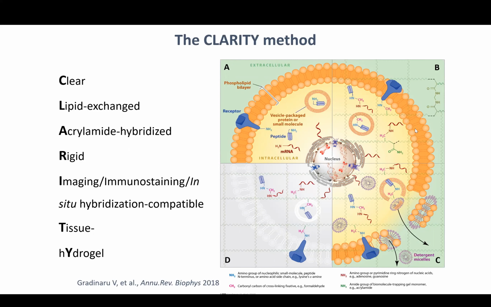In C, we see delipidation with SDS. SDS inserts itself into the lipid bilayer, destabilizing it and incorporating these lipids into a detergent micelle that's later carried away during wash steps. And finally, refractive index matching, which renders the sample translucent to increase this light penetration.